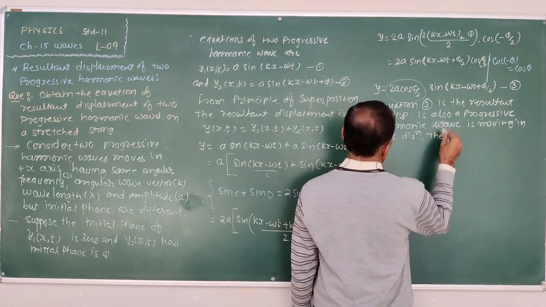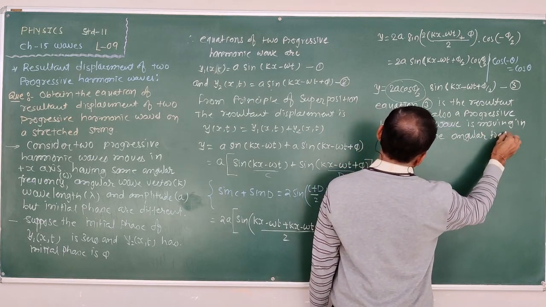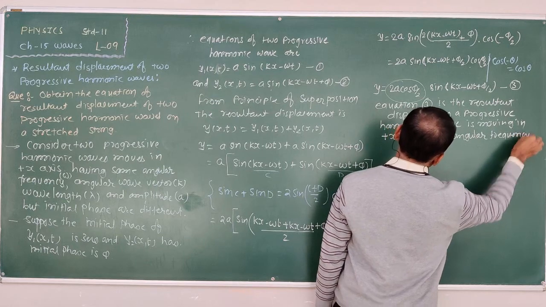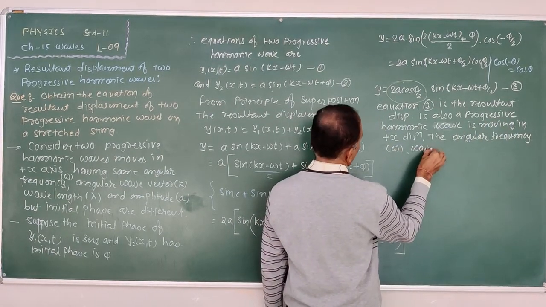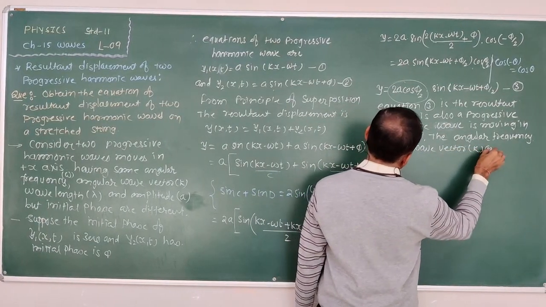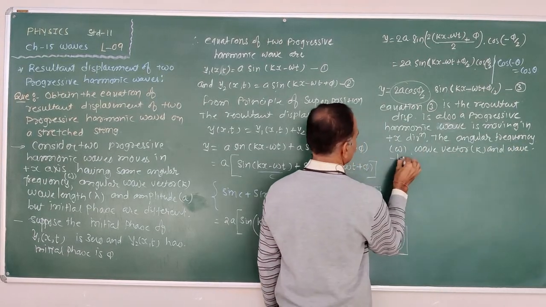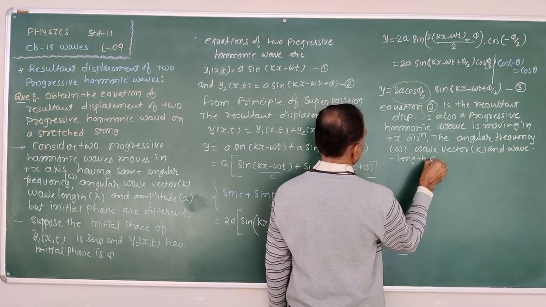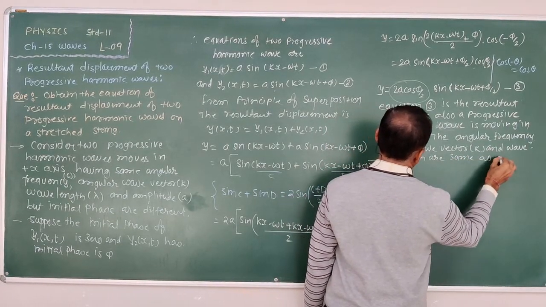The angular frequency omega, wave vector k and wavelength are the same as the original wave.